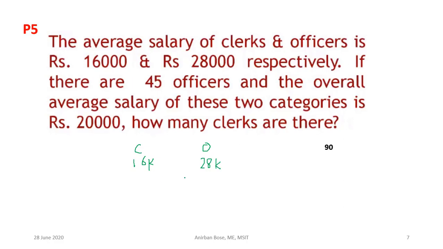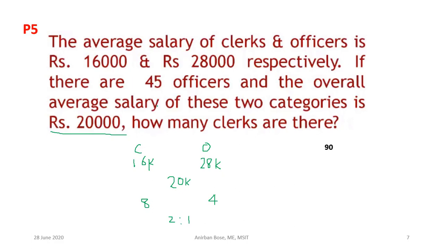Okay, and the mean salary of all the staff is 20k. So what we do, we just find the difference. 28 minus 20, that is 8. 16 minus 20, that is 4. So what is the ratio? That is 2:1. So the number of clerks and number of officers are in the ratio 2:1.